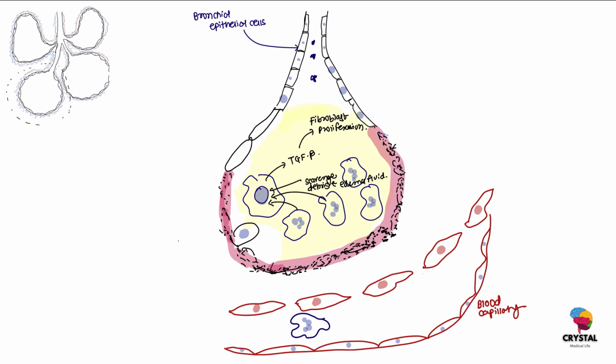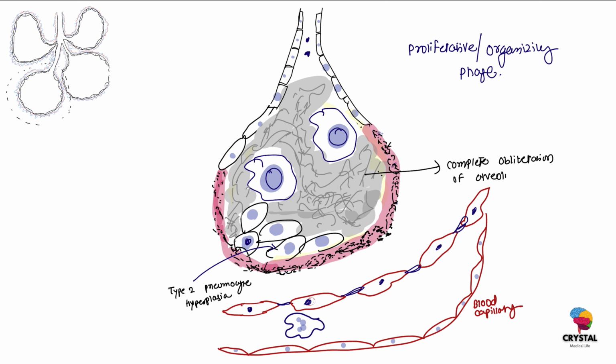This fibrosis makes the lung stiffer and less able to expand, which decreases lung function over the long term. So you can see here the final stage of ARDS, where the entire alveolus is filled with collagen, macrophages, and a few type 2 pneumocytes.